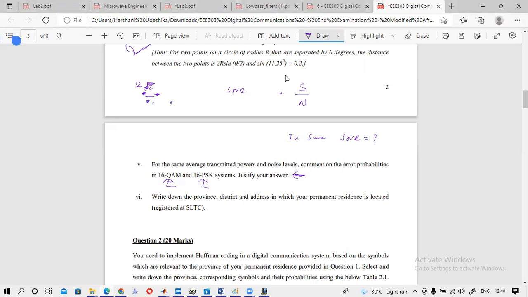If the two adjacent points of a constellation diagram have a large distance, what is the advantage or disadvantage here?